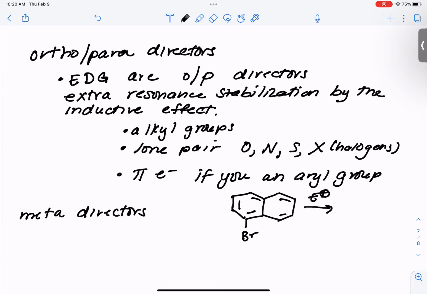All right, so if you have another aryl group attached to the ring, this is going to be an ortho para director. Those pi electrons can be pushed towards the positive charge.